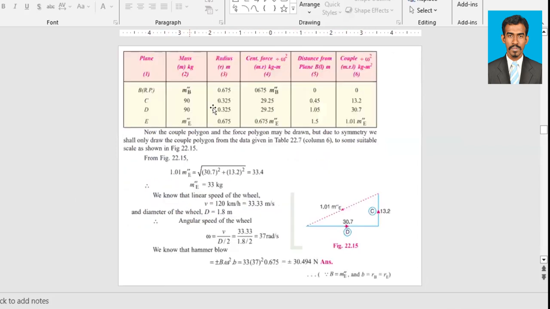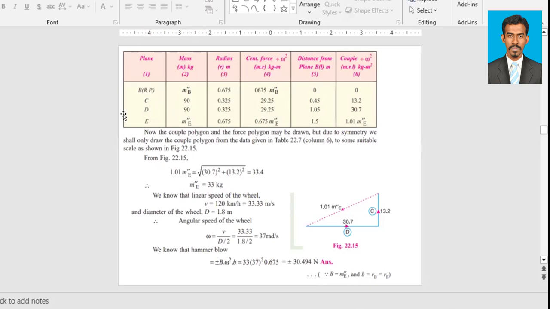Okay, so we have two cylinders C and D and two balancing masses B and E. We have not included the coupling rod here. Why? Because it is not going to take part in the hammer blow, right? So the masses which need to be balanced are 90, right?